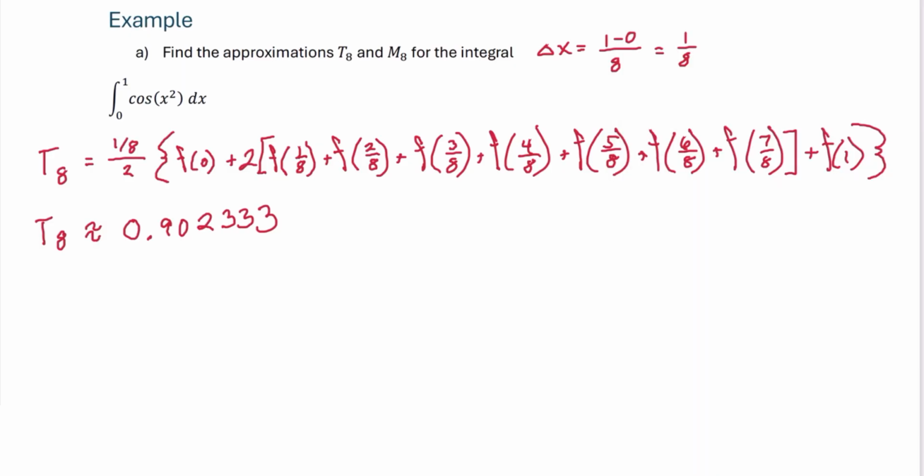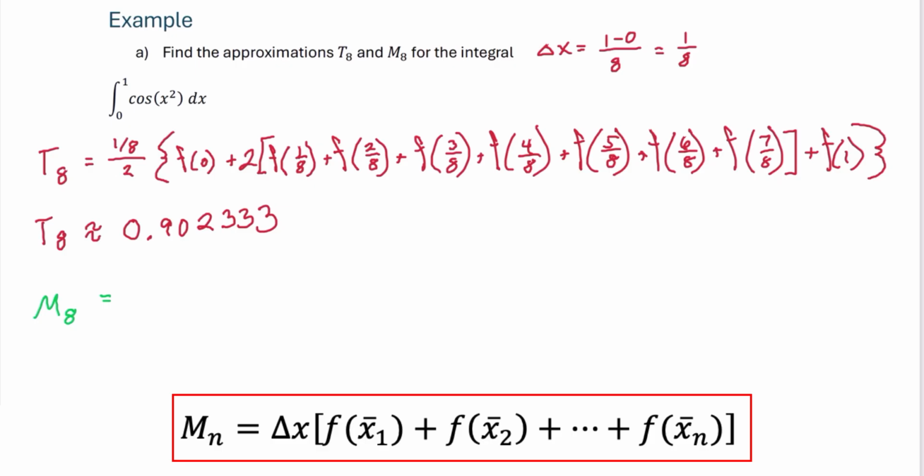Next, we want to find M. We'll use the midpoint rule. Delta x, which we found to be 1/8, times the function evaluated at, we need to find the midpoint of 0 and 1/8. So if we add those together and divide by 2, we get 1/16.